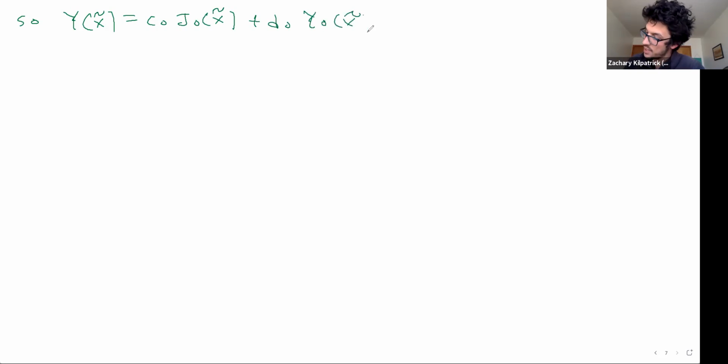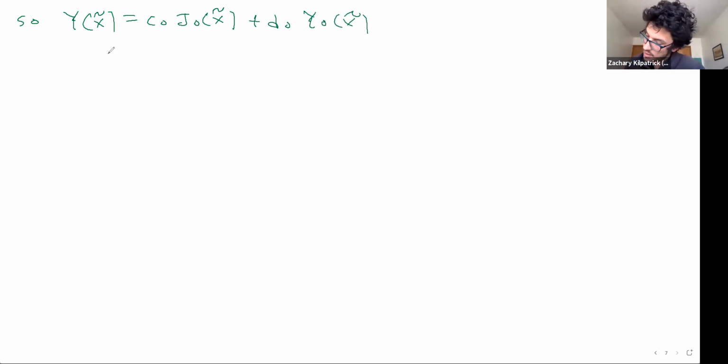So J0 is the zeroth order Bessel function of the first kind. Y0 is the zeroth order Bessel function of the second kind. So y of x tilde is equal to C0 J0 of x tilde plus D0 Y0 of x tilde.